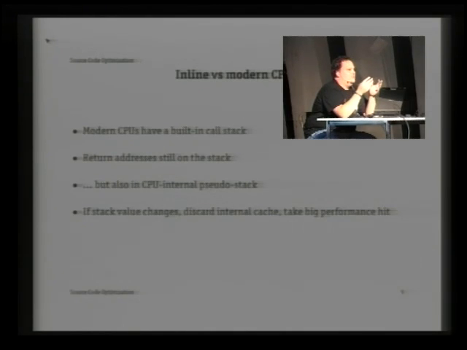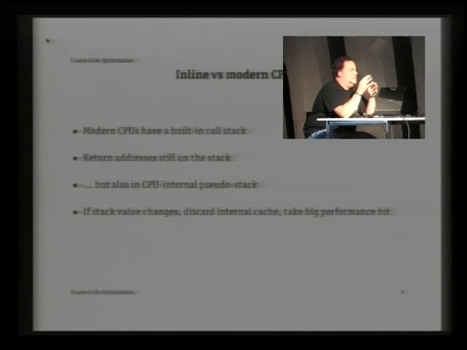But the prediction is easy for calls usually because the return value never changes. So the CPU has this internal stack with the return values, and if the value is still the same on the stack, which is the usual case, then it's already quite optimized. Only if you get exploited, for example, or if you mess something up, then the return address on the stack will not be the same, and then it gets really slow.